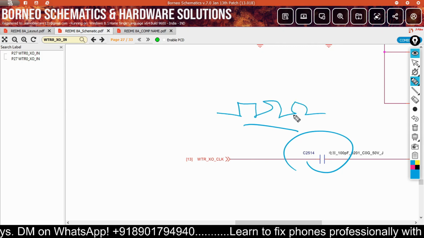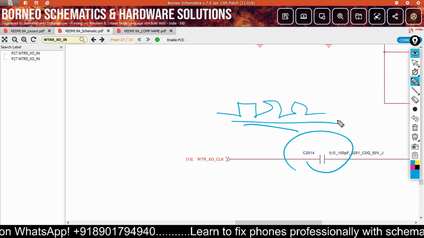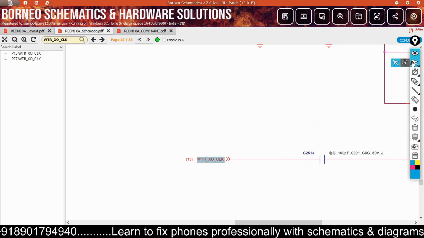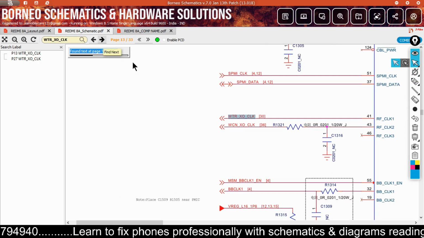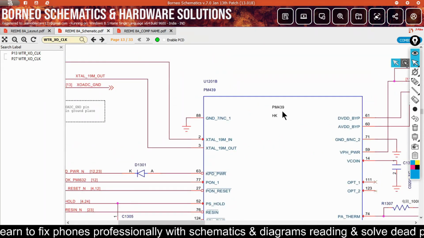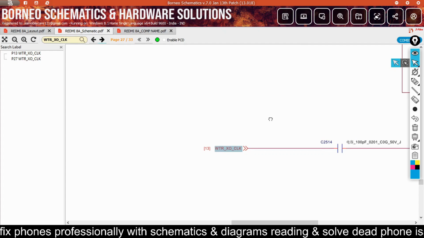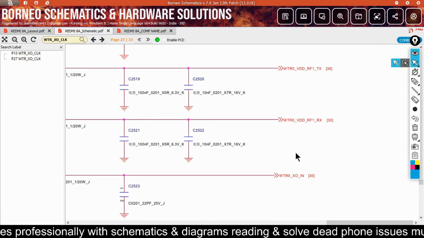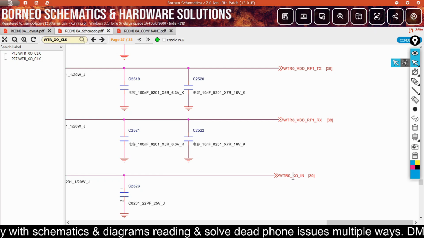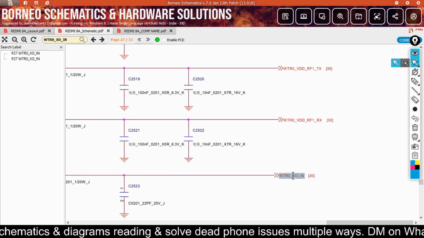That's why it's in series, right? Clear? Copy this. Next. Now this line comes from the PM439 housekeeping department, right? The HK goes to the WTR IC or RFIC. I hope you get my point, right?